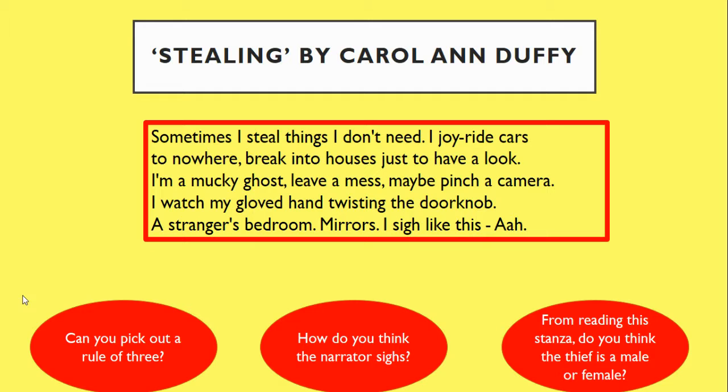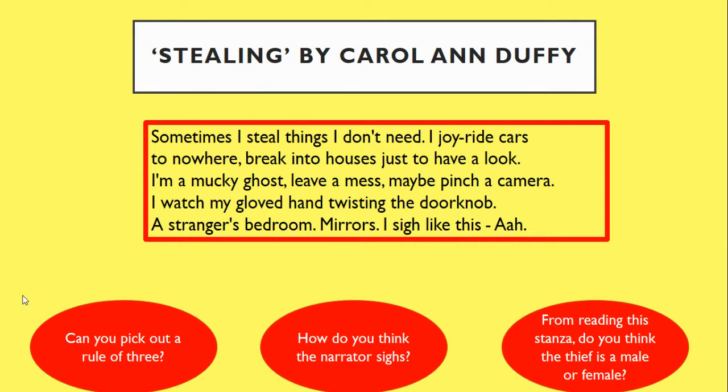I've done it in quite a sarcastic way, but how do you think they do it? And then finally, from reading this stanza, do you think the thief is a male or female? It never tells us. So you need to look at the words from the poem and look at the connotations of the words and think to yourself, do they relate to a male or do they relate to a female? Or could it relate to both?